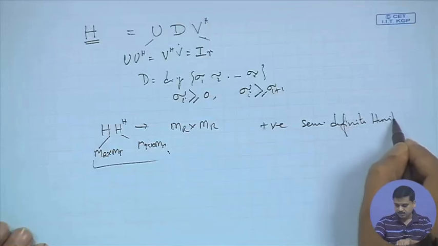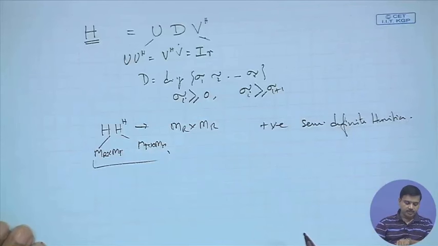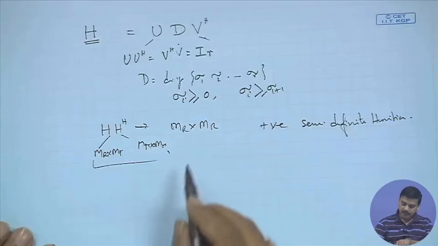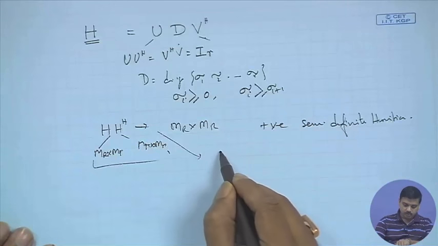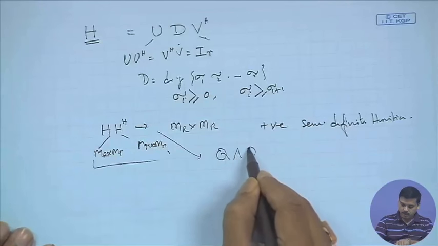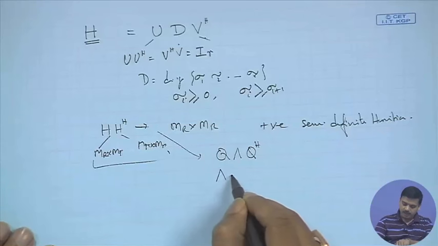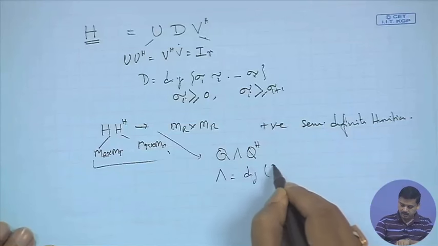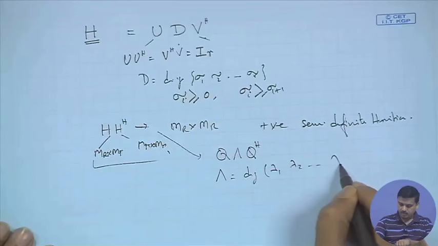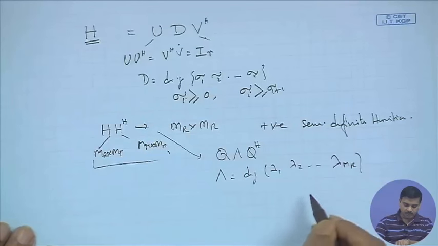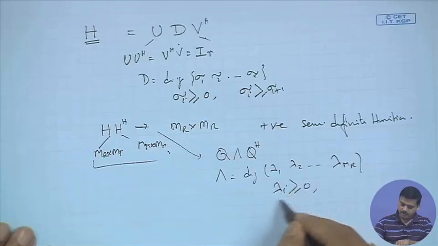Hermitian, a positive semi-definite Hermitian matrix, and it can be decomposed into Q lambda Q Hermitian, where Q are orthonormal matrices and lambda is the diagonal lambda 1, lambda 2, up to lambda MR, because there are MR of them. It is also true that lambda i is greater than or equal to 0, positive semi-definite.